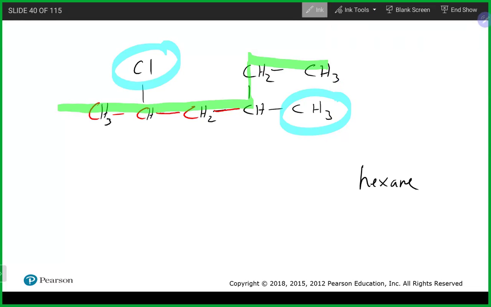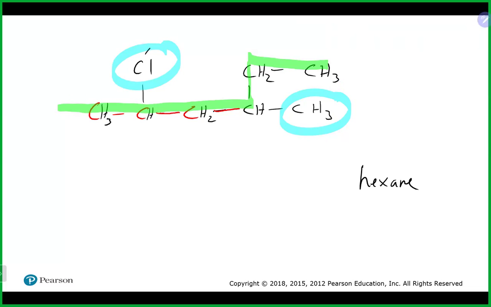So this is chlorine, which means this is going to be a chloro group, right? And this is a 1 carbon group, which means instead of methane, this will be our methyl group. So that's our methyl group. Any questions on any of that there?